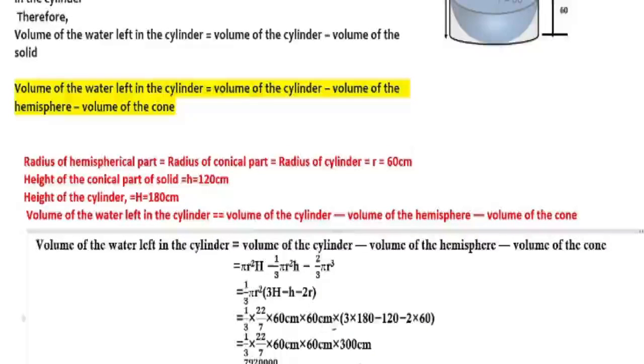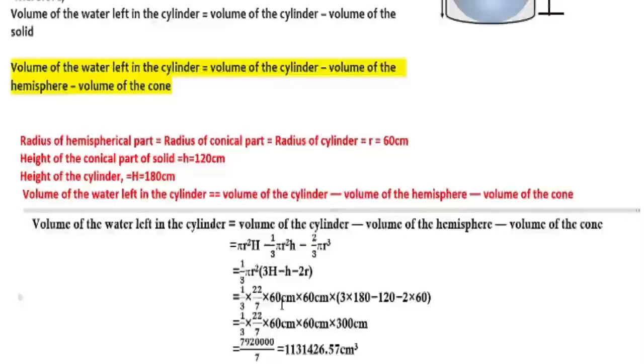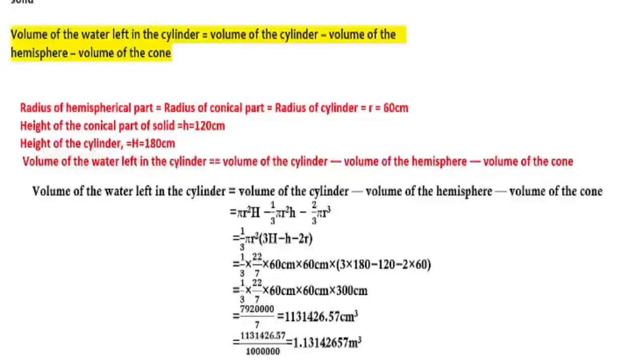Now you have to substitute the values. 1 by 3 into 22 by 7 into r is 60, that is 60 into 60, and in bracket 3 into 180 minus 120 minus 2 into 60, and we have to simplify it.